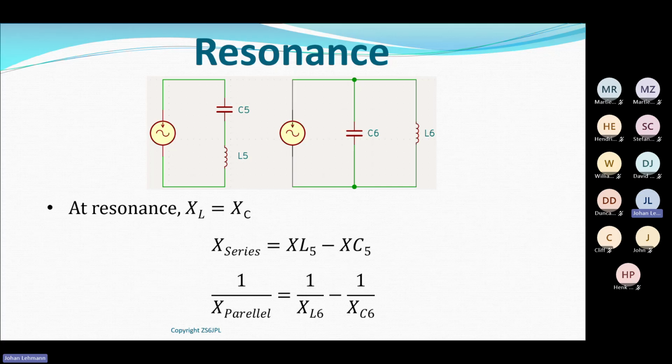If you go back to one of the previous lectures, you will see that with an inductor and a capacitor, the current lags or leads the voltage differently. In the inductor, the voltage is first and the current is last, and in a capacitor, it's the other way around.